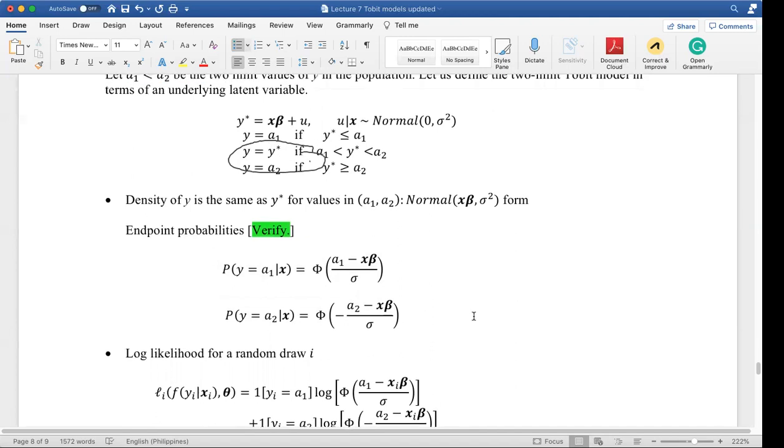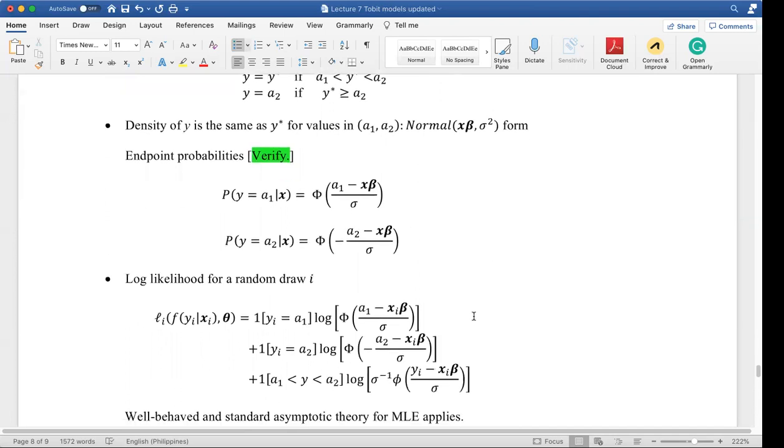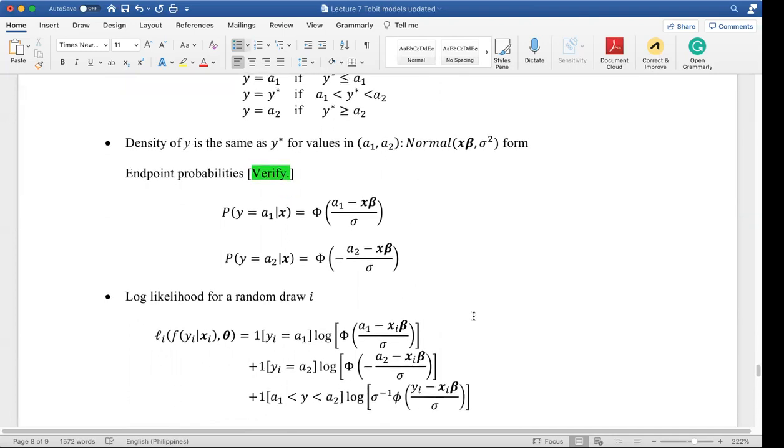Now we can write the log likelihood function. The log likelihood function would be a function of the density of y sub i given x sub i and the parameter theta.